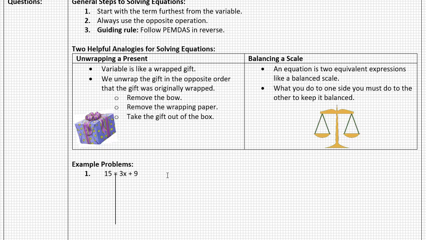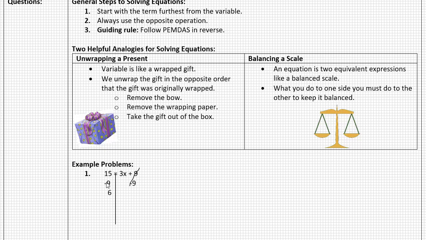So we're going to use the opposite of add 9, so that would be subtract 9. If we subtract 9 here on the right, we have to also move over here to the left and subtract 9. When we do this, this positive 9, subtract 9, well that makes 0. So that just cancels out and goes away. And what do we have left on the left-hand side?